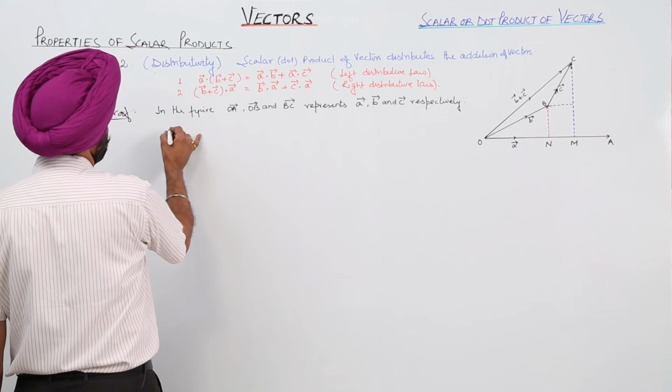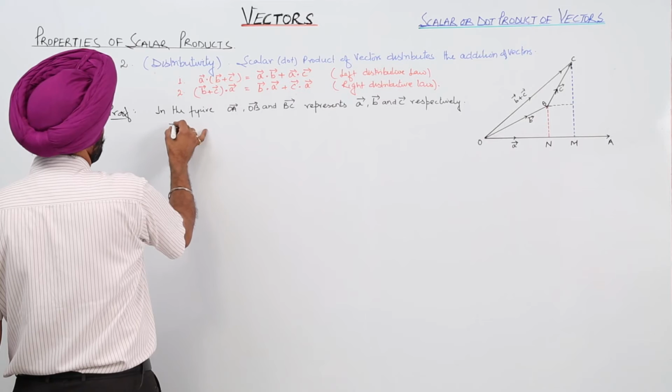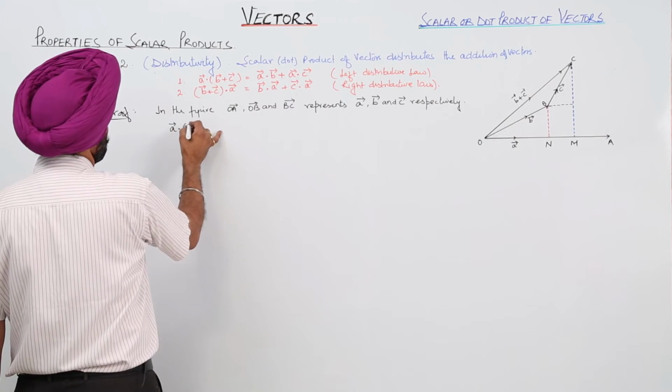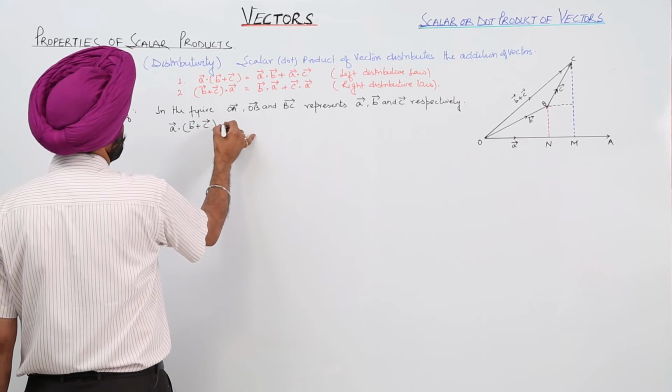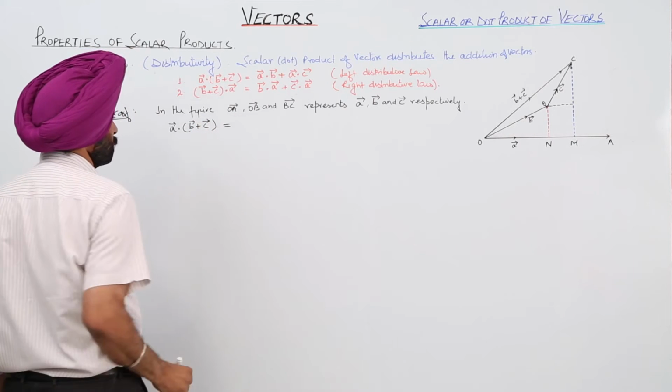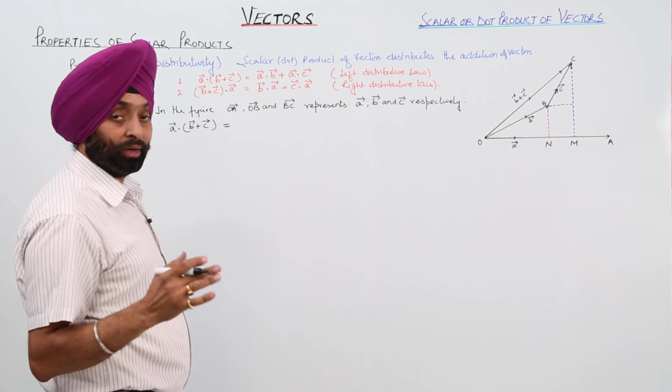Now first I am taking vector A dot (vector B plus vector C), only the left hand side first.